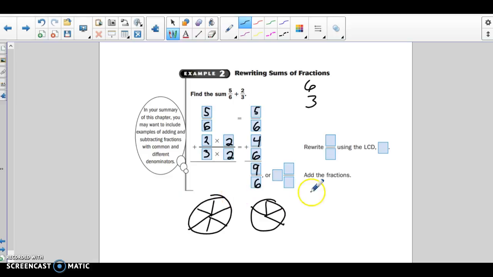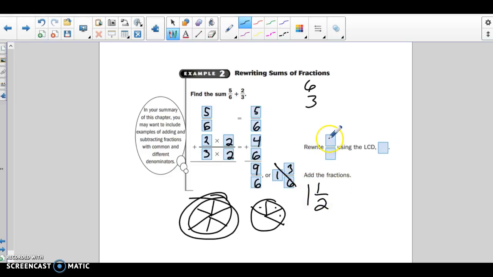Not perfect, but okay, so we have 9 pieces, so that's 1 whole, and 1, 2, 3 out of 6. But wait a minute, what is it? 1 1/2. So I'm going to cross this out and change it to 1 and 1/2.